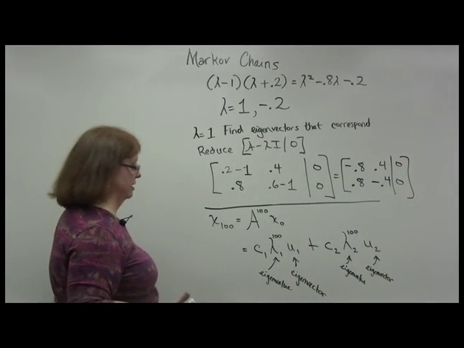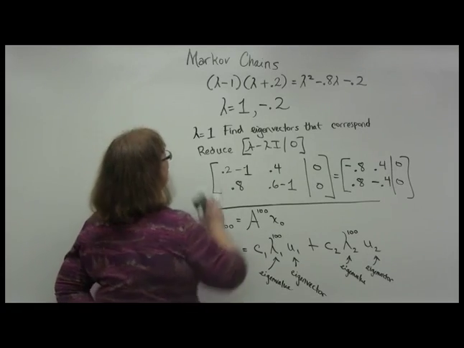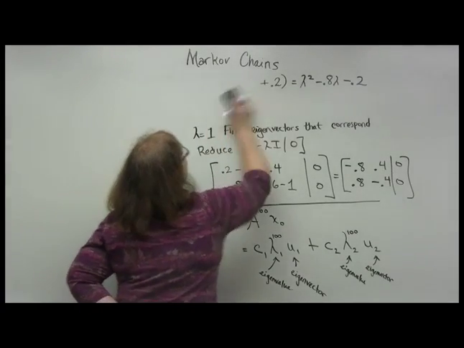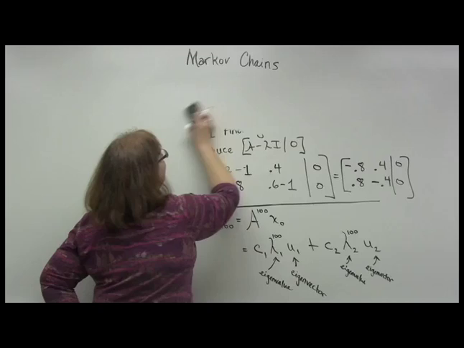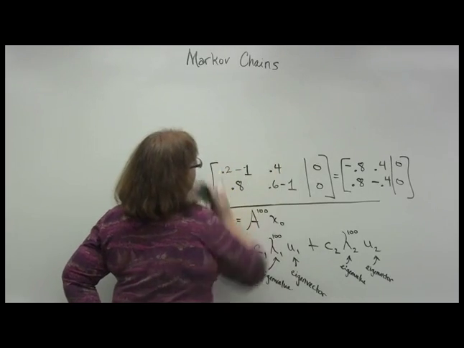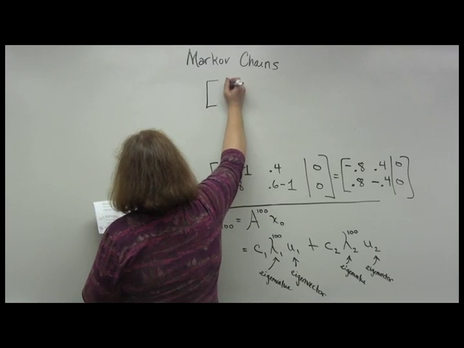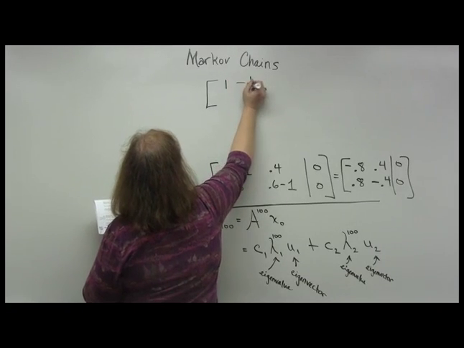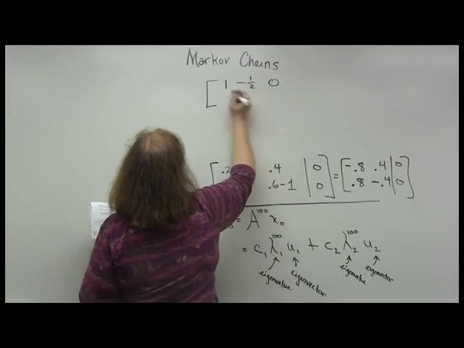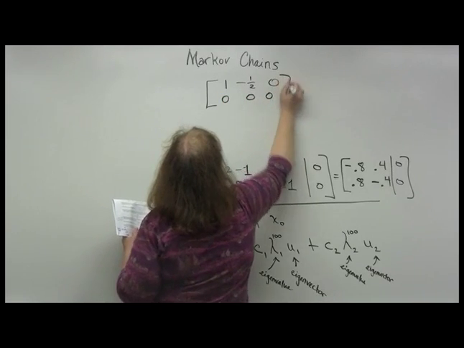Now I'll save you all the pain and agony of it, but it actually is really quick and easy to reduce. That turns into just 1, negative 1/2, 0 across the top row, and then 0, 0, 0.